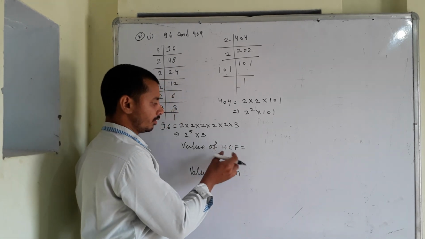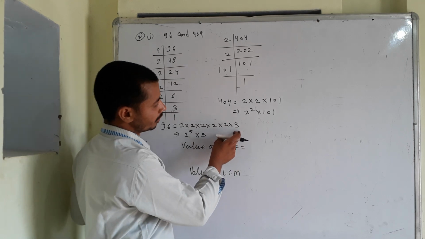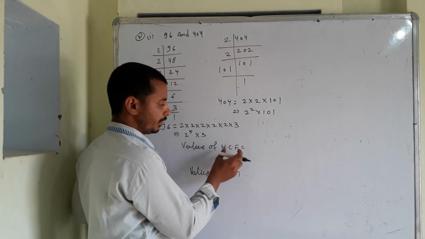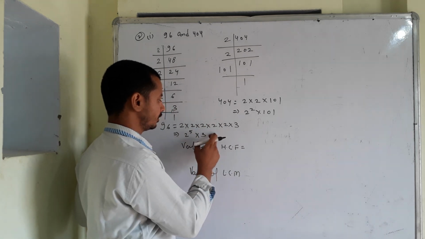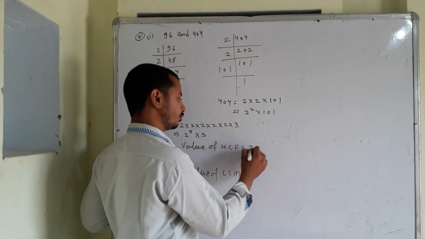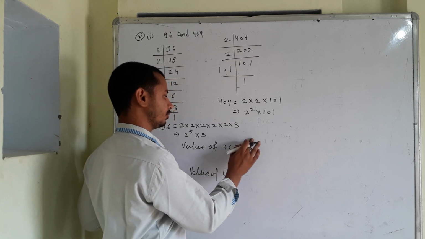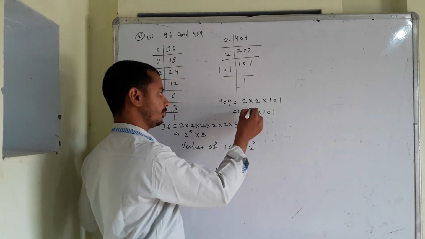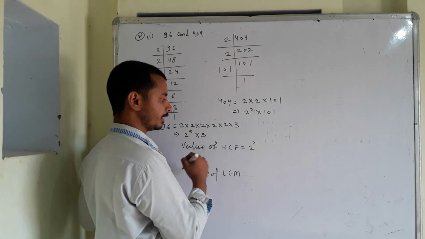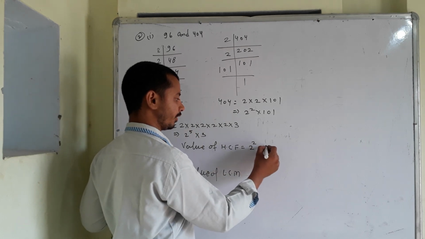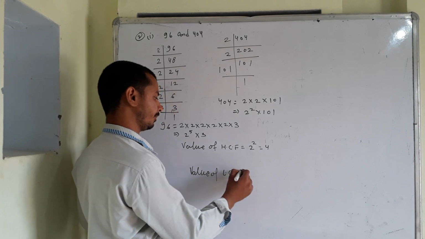So define the minimum power of common factors in both numbers: 2 power 4, 2 power 2. The minimum power of common factors gives the value of HCF. So we find 4. Okay.